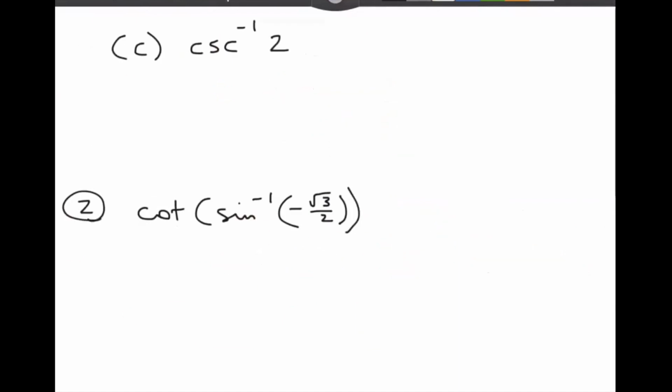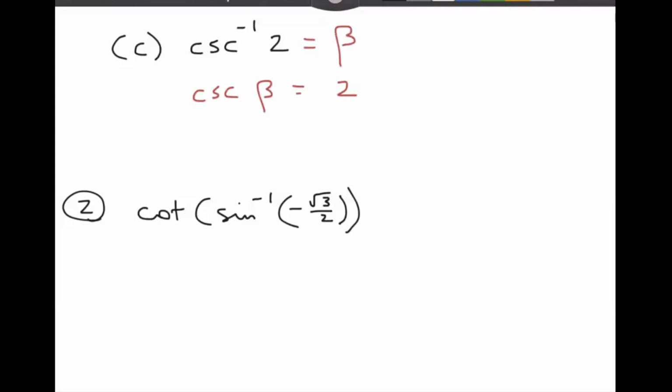All right, next we have the inverse cosecant of 2. Give that an angle sounding name like beta. And that means that the cosecant of beta is 2. Well, I don't know about you, but I don't have a list of cosecant values memorized.